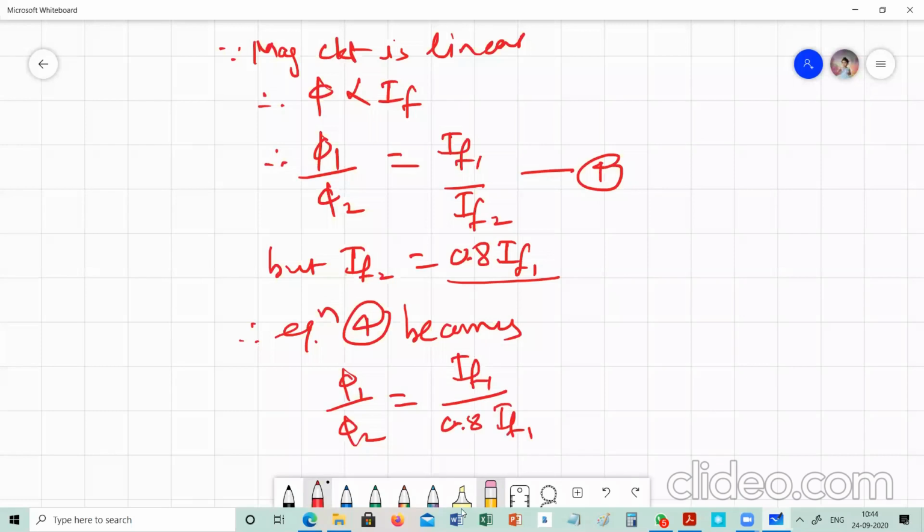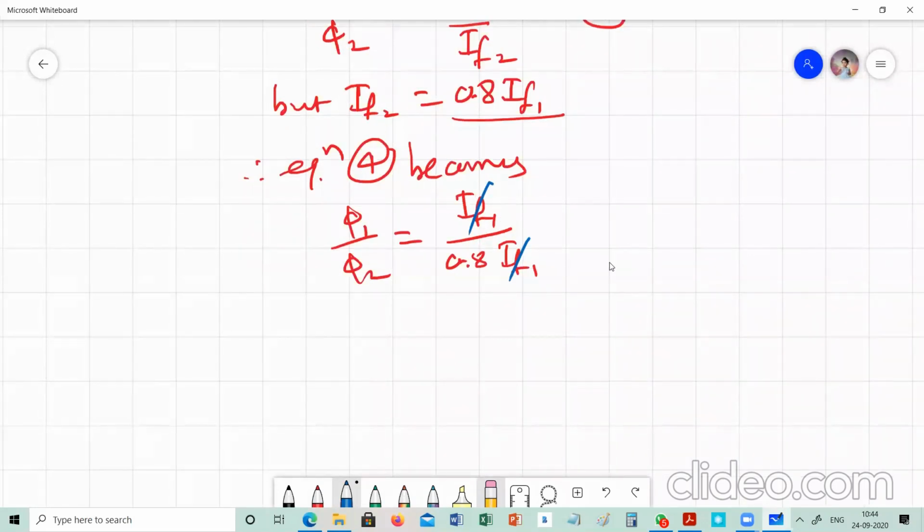IF1 will get cancelled. Therefore, phi1 by phi2 is equal to 1 by 0.8. This will be equation number 5.